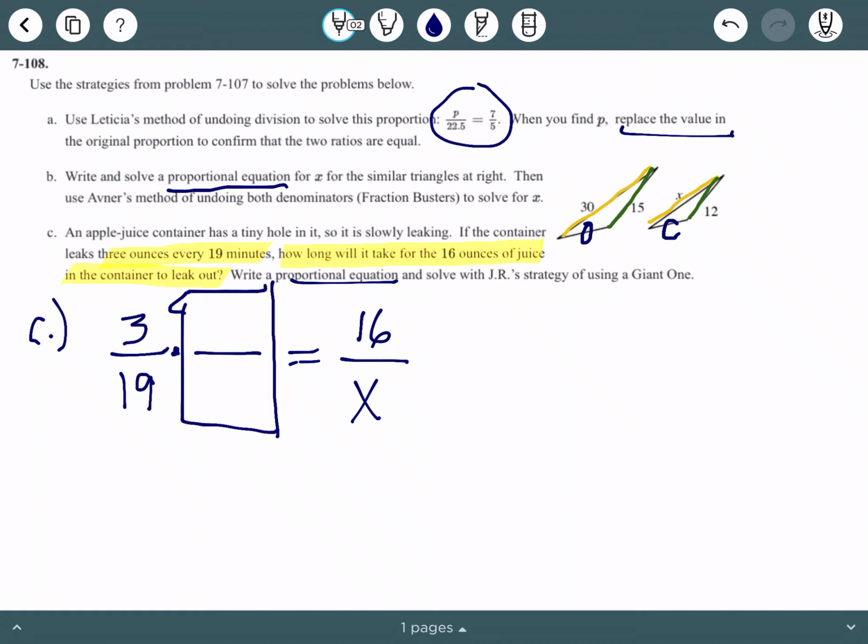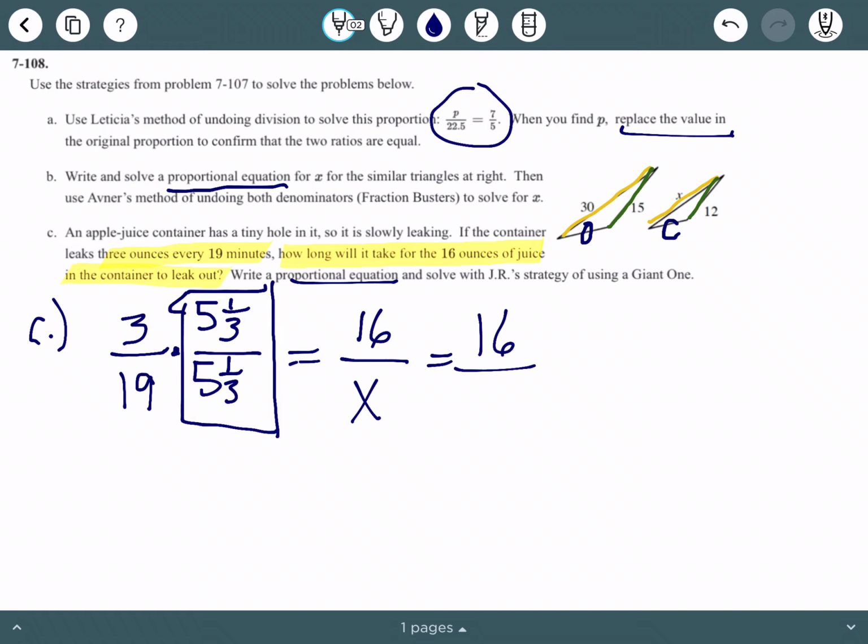That's going to give me 5.3 repeating, or as a fraction, 5 1/3. I prefer fractions just because fractions are more precise. So I'm going to have 5 1/3 as my top and bottom in the giant 1. So 3 times 5 1/3 gives me 16.